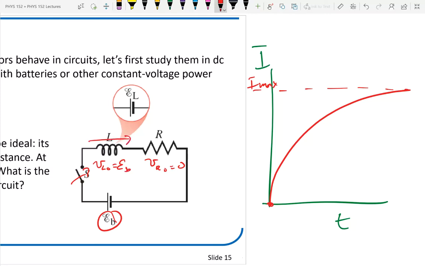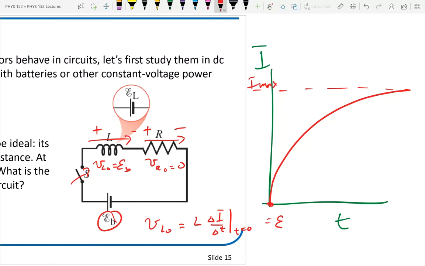Now, I had implied here that I'm putting my current going out of the positive. And so I know that my V_L at time 0, which is L dI/dt at time equals 0, is equal to the EMF.